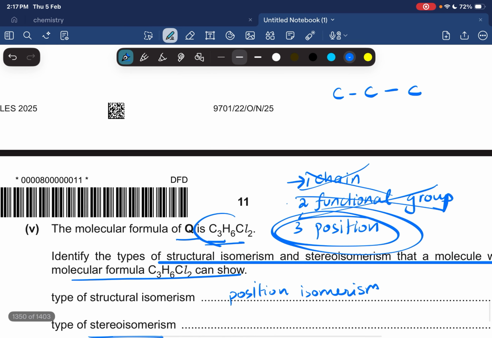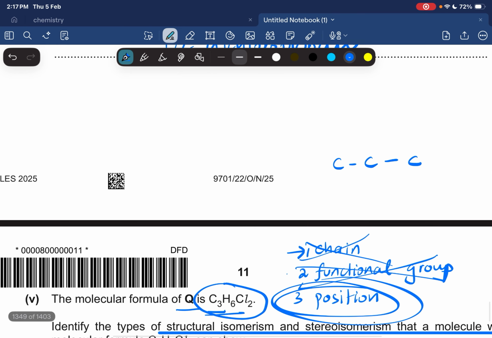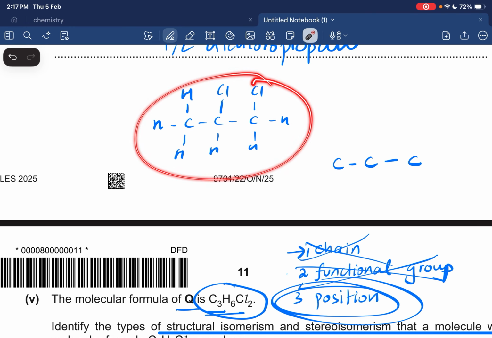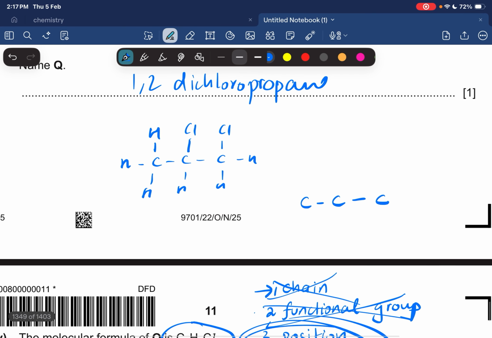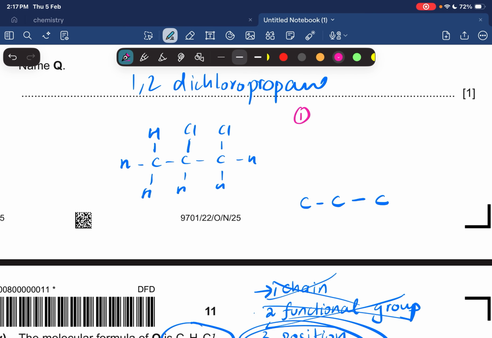Okay, type of stereoisomerism. Look, this is the type of molecule you're dealing with, which is C3, Cl over here, Cl over here. You can place it anywhere if you only have the molecular formula. Now look at this. There are 2 types of stereoisomerism. The first is cis-trans, known as geometric, and the second is optical, which has a chiral carbon.